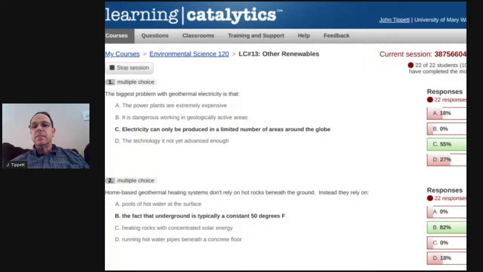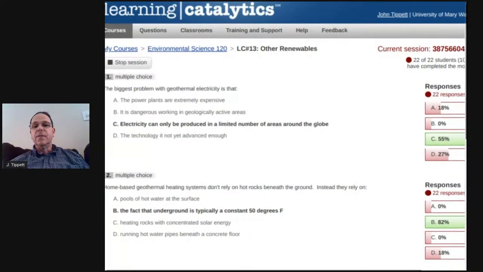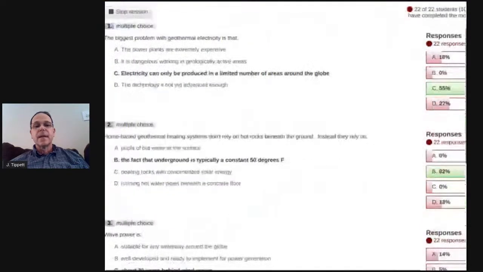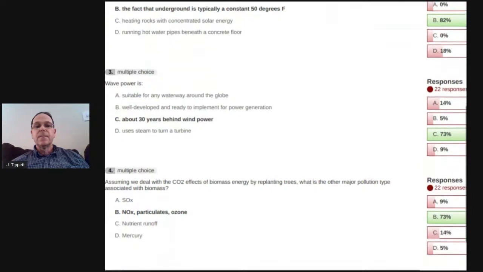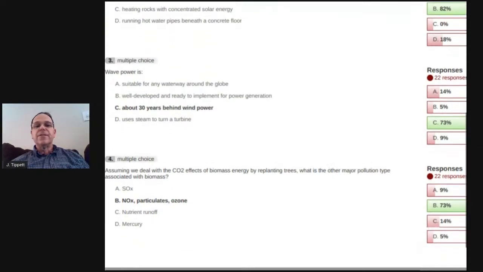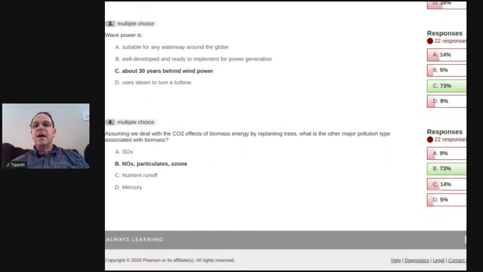Although if we can get the technology there, we can go deeper. But right now we can't. The next one, home-based geothermal, is not about hot rocks. It's about the fact that the ground is around 50 degrees, and we can exploit that for heating and cooling. Wave power is around 30 years behind wind power. And the thing about biomass is all of the things associated with combustion, right? So NOx, particulates, and ozone.